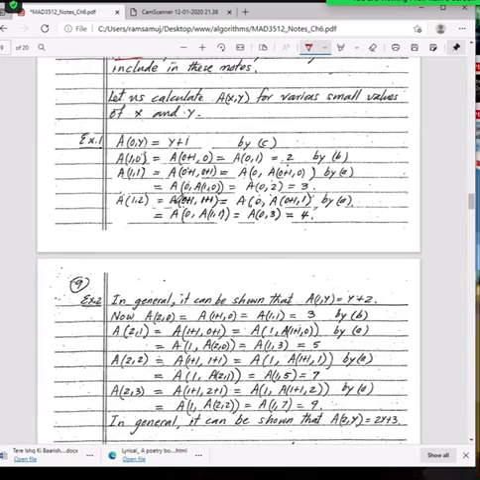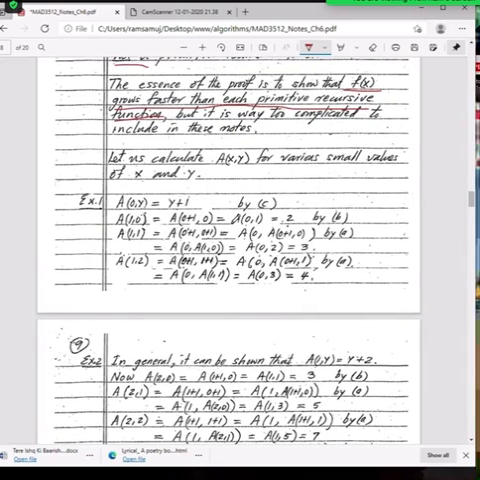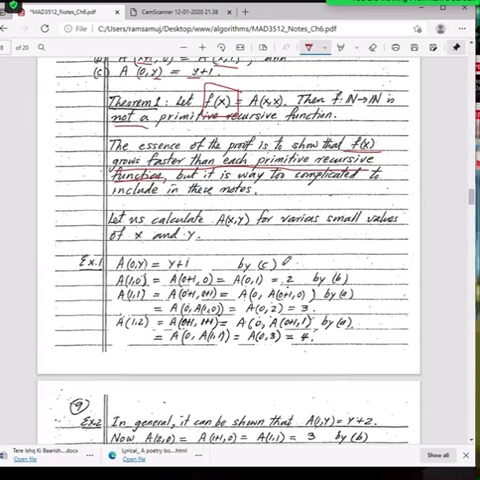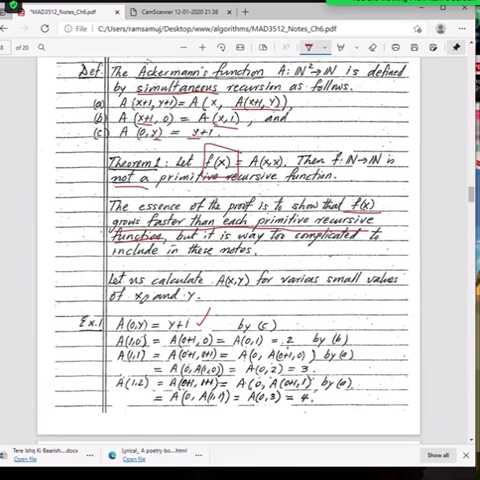So here is an example. A of 0 comma y is y plus 1 by part c. So we know that. For A of 0 comma 0, that's just 1.